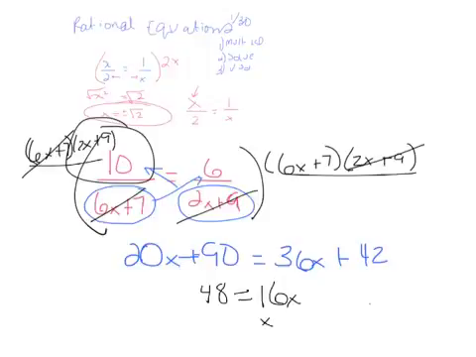Divide by 16 and you end up with x equals 3. Let's look at our solution. x equals 3. Would x equals 3 cause either 6x plus 7 or 2x plus 9 as a denominator to ever equal 0? Nope. So this solution is acceptable.